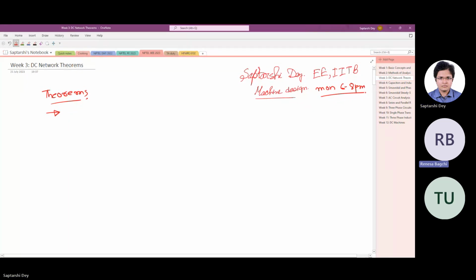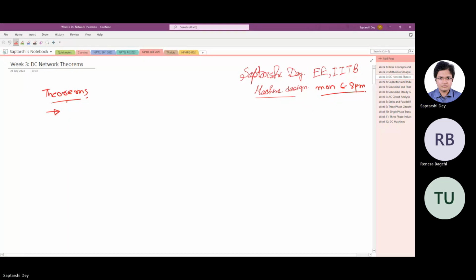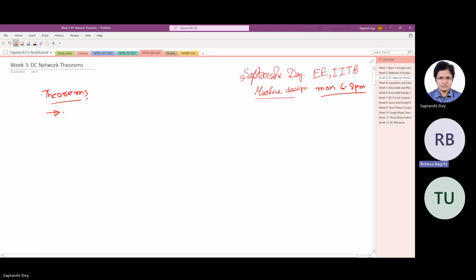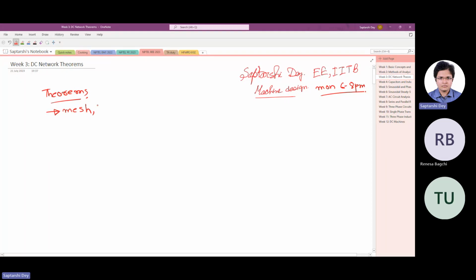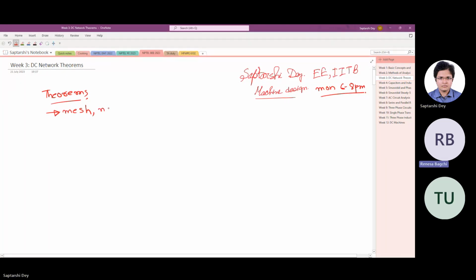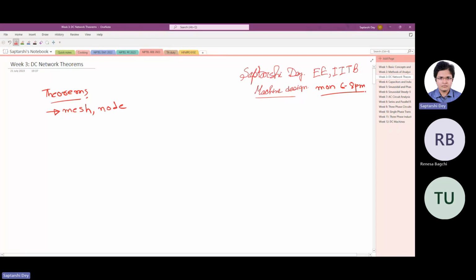Sir has done mesh analysis and node analysis. Mesh and node. So Norton and Thevenin are not yet covered. No, sir. And he was telling about super mesh also, which is covered. Superposition or super mesh? Super mesh. Okay.